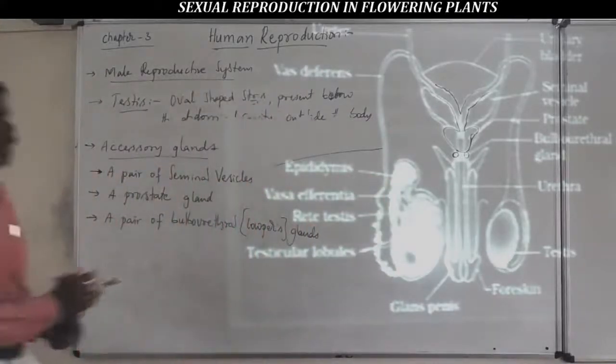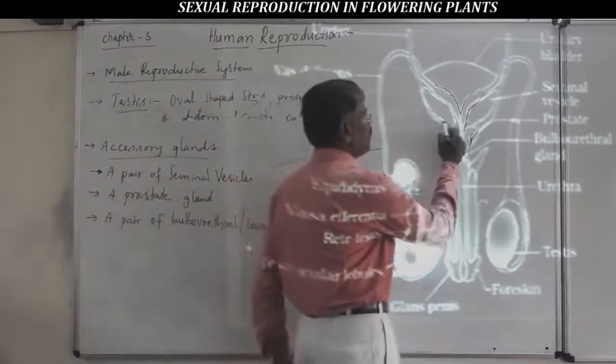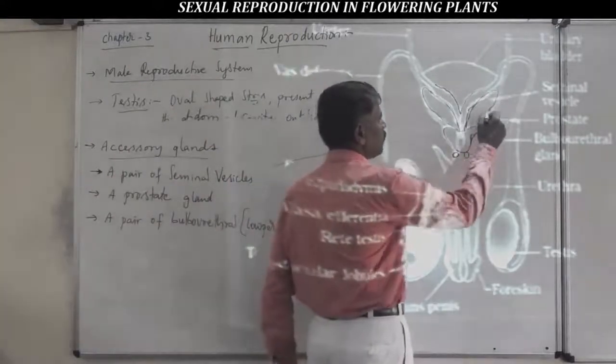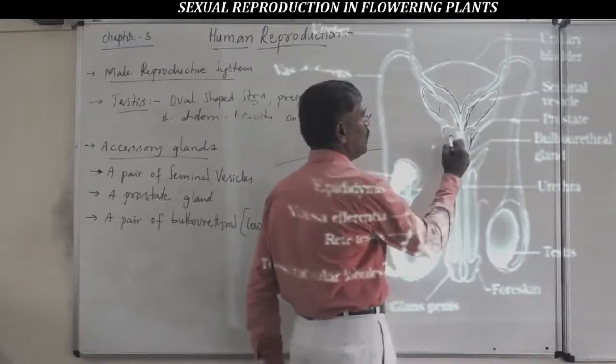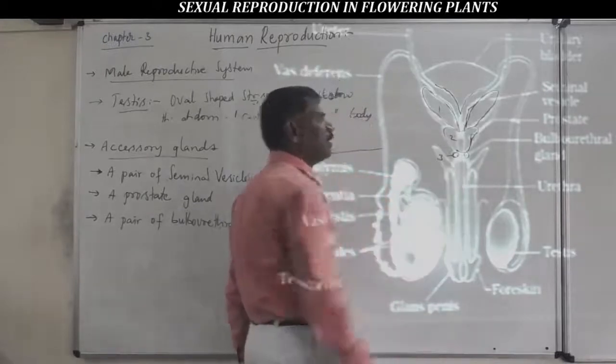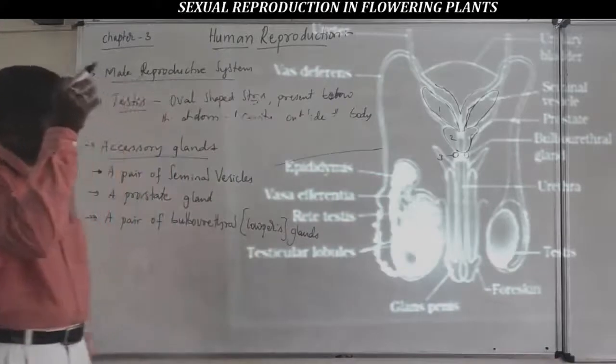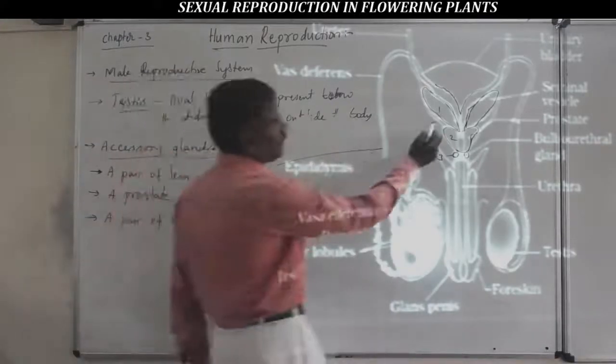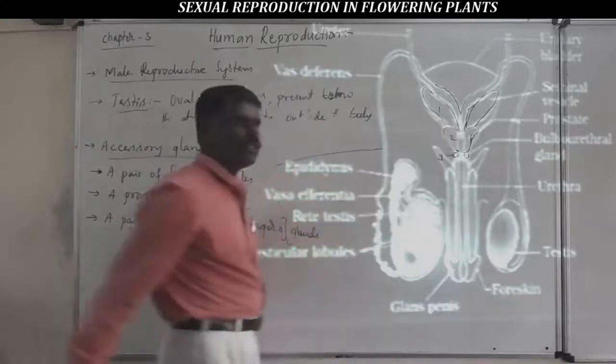So these are a pair of seminal vesicles. It is 1, it is 2, it is 3. A pair of seminal vesicles which join at the tip of these vas deferens.